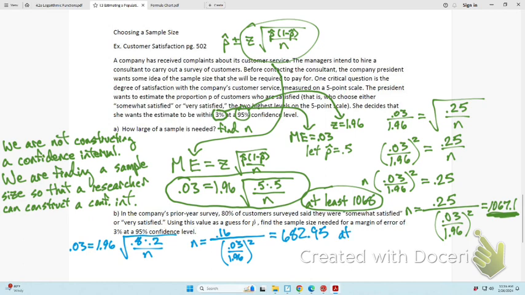At least 683. So all I grade, once again, are these two things. All right, we just proved something.